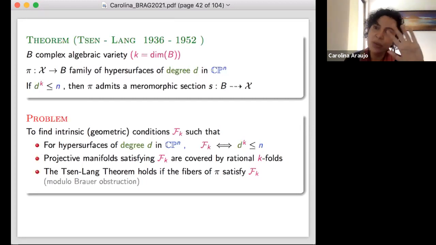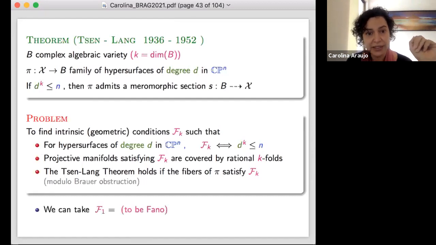So I want to ignore this. Brauer obstruction exists even if you have, say, a family of projective spaces. So this is something that really one has to look at. But modulo Brauer obstruction, we would like to find conditions on the fibers for the existence of a meromorphic section.